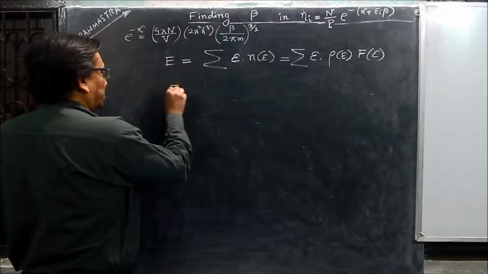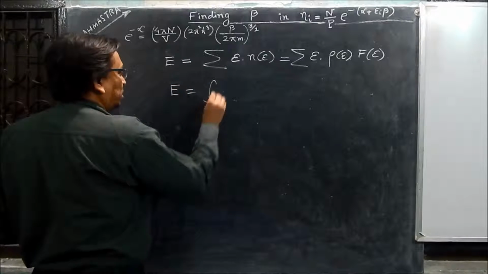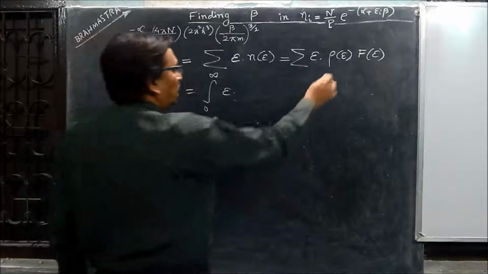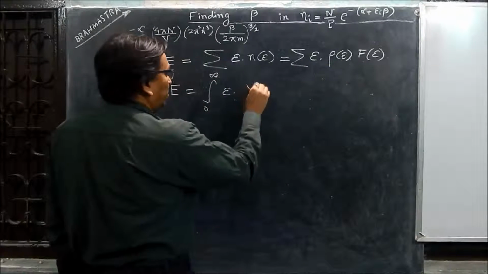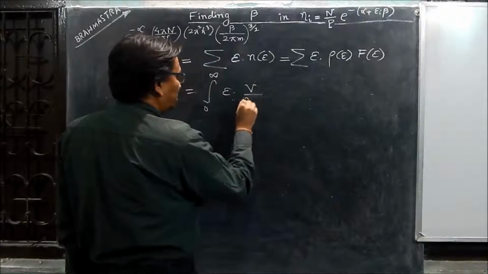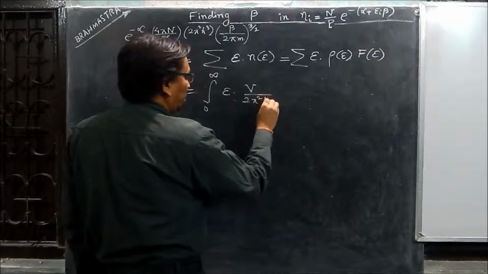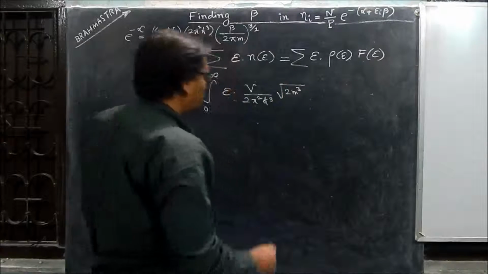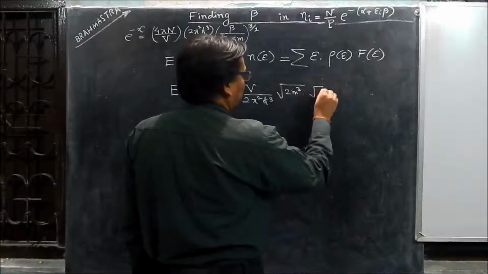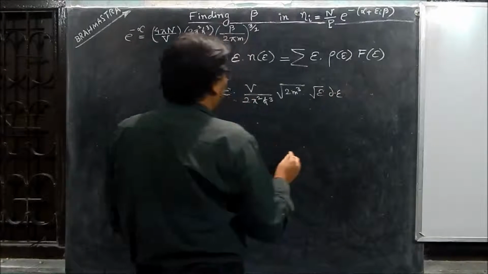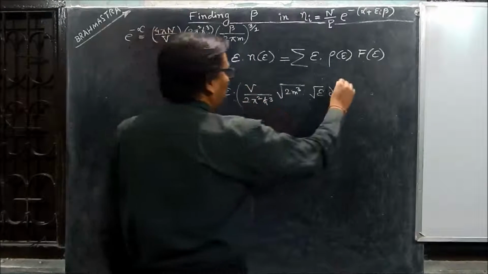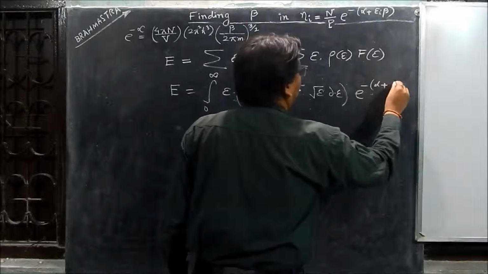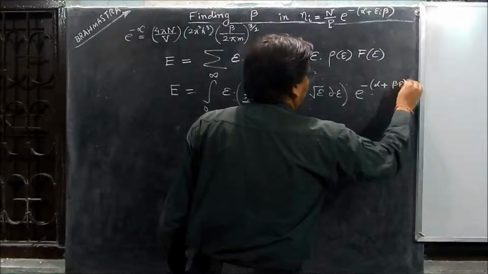So the energy is the integration from 0 to infinity of the energy of a single particle times the energy space, V by 2 pi square h bar cube, into root under 2m cube, root epsilon d epsilon, times the occupancy function e to the power minus alpha plus beta epsilon.